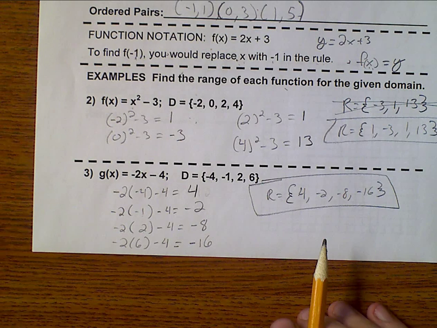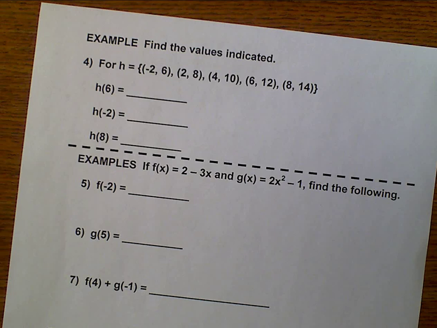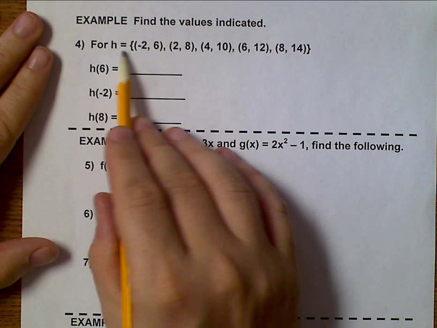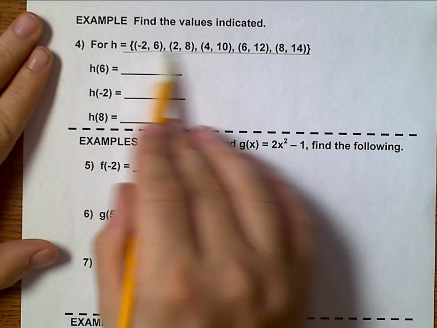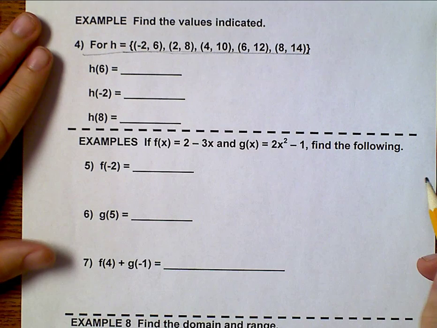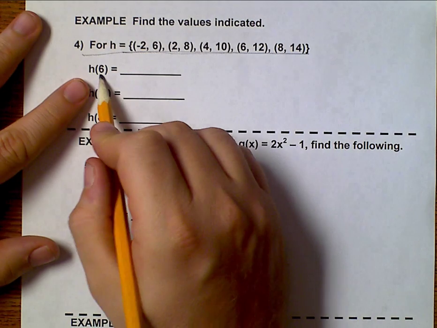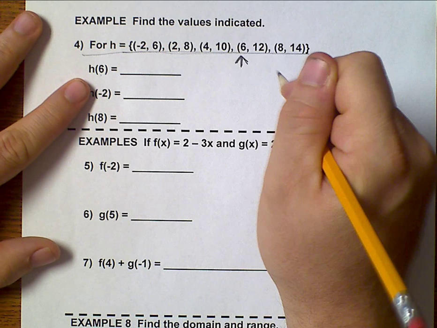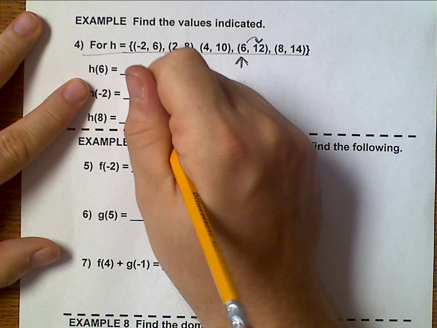Let's go ahead and move on to example number 4. Here, they've given us a function. And so if they say h of 6, well, I come over here, and h of 6 gives me 12.